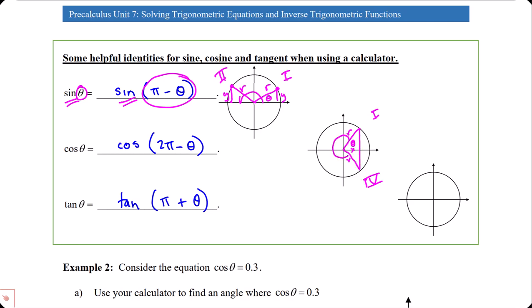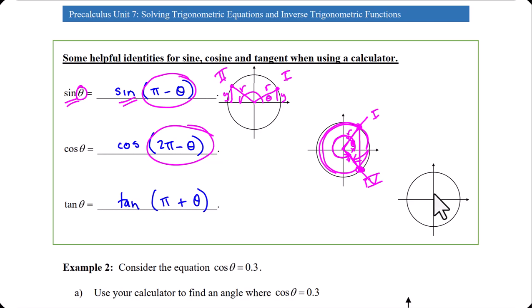Isn't this angle 2 pi, and then you back up that reference angle? So that gives us the same x and r in the first and fourth quadrants.